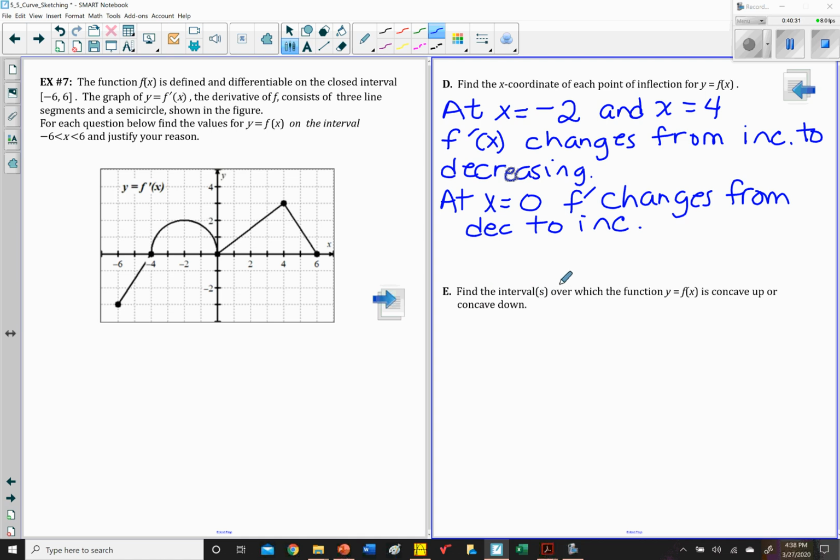Let's see. Find the interval for part E. Find the interval over which the function is concave up or concave down. So concave up, our second derivative has to be positive. The first derivative has to be increasing.